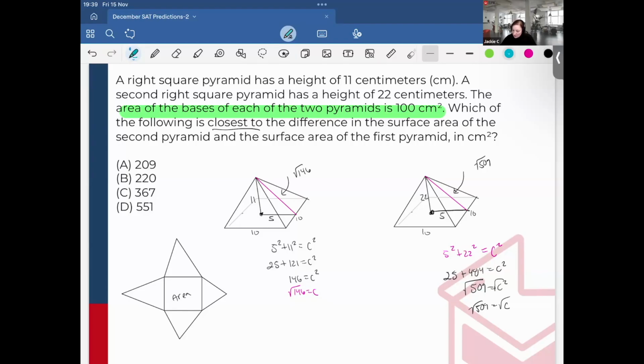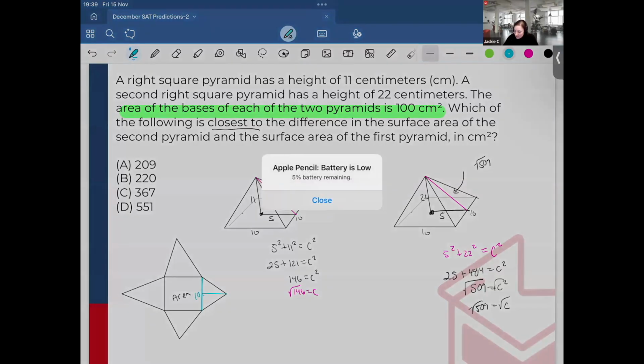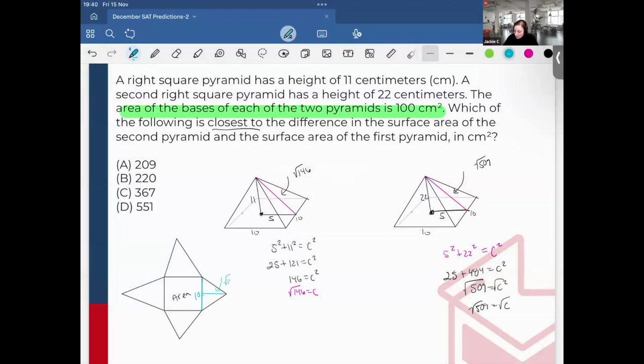So if I wanted to calculate the area of the triangle, I have the base, which is 10, and the slant height here is square root of 146. So I would just do base times height divided by 2, which is 5 root 146. But then I need to multiply it by 4 because it's for all 4 triangles.